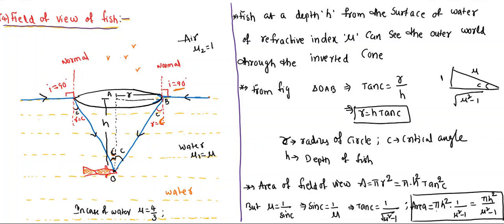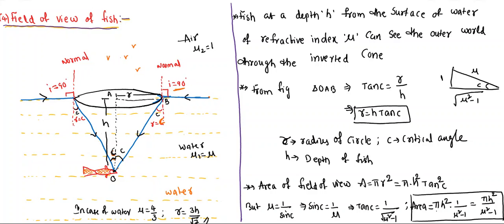If you want to find the r value, we will get 3h by root 7. This is in case of water, the radius of the field of view through which the fish can see the outside world. Fish can see the outside world through a certain area.